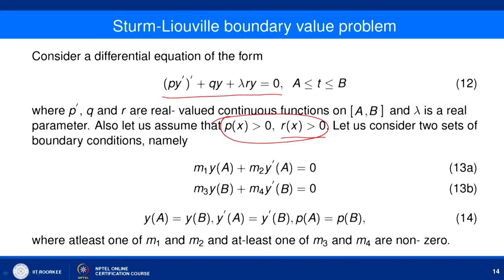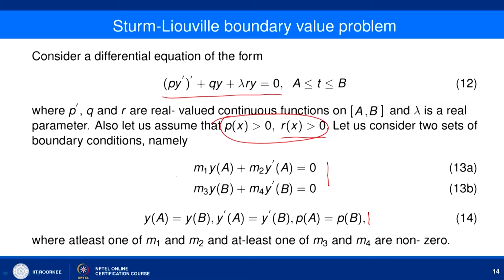The boundary conditions are given either in this form or that form. The first set of boundary conditions is m1 y(a) + m2 y'(a) = 0 and m3 y(b) + m4 y'(b) = 0, given in 13a and 13b.